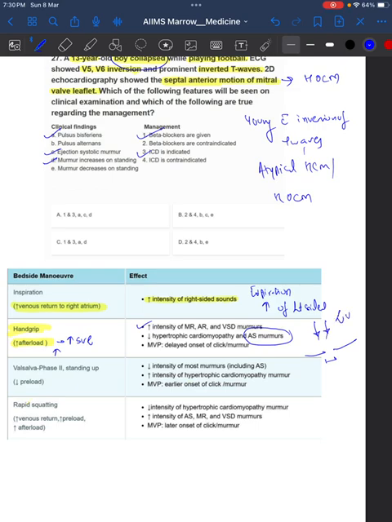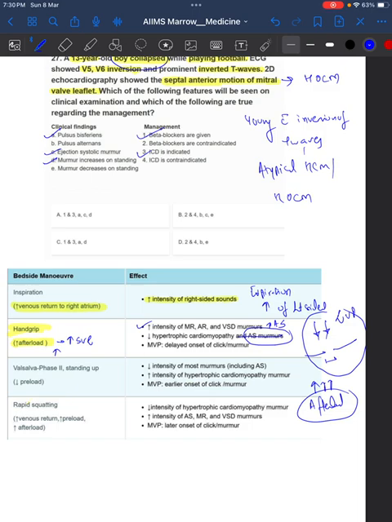This has to come out through this area, the aortic valve. If there is increased afterload, there will be more pressure in the left ventricle to overcome this resistance. So this will lead to turbulence here, and the AS murmur will be increased. In hand grip, all the regurgitant murmurs and AS will increase.